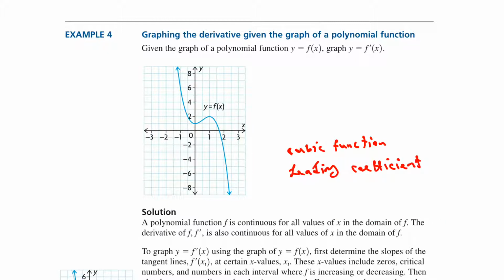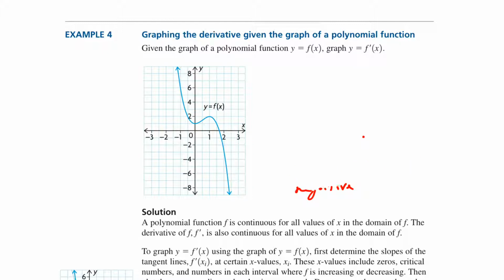So one thing that we know is the graph of the derivative is a quadratic function whose leading coefficient is negative. That means the graph of the derivative is a parabola, which is downward.